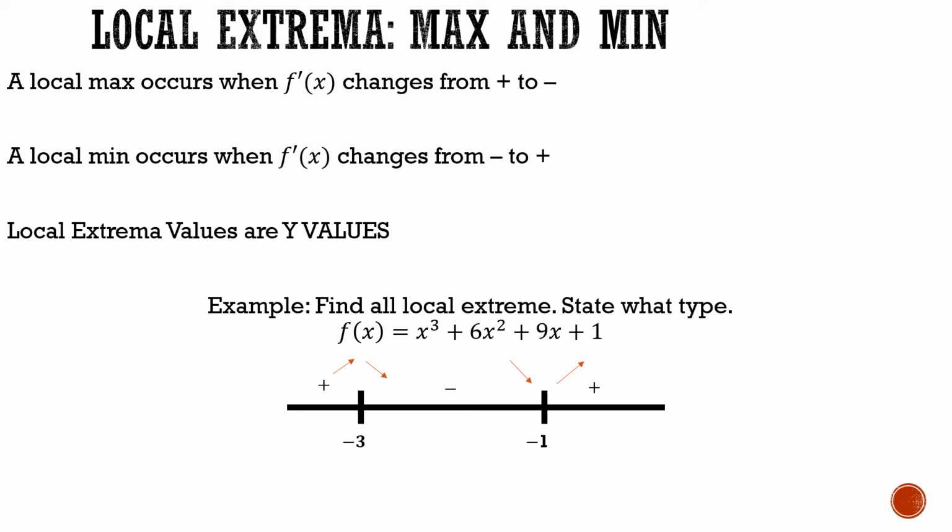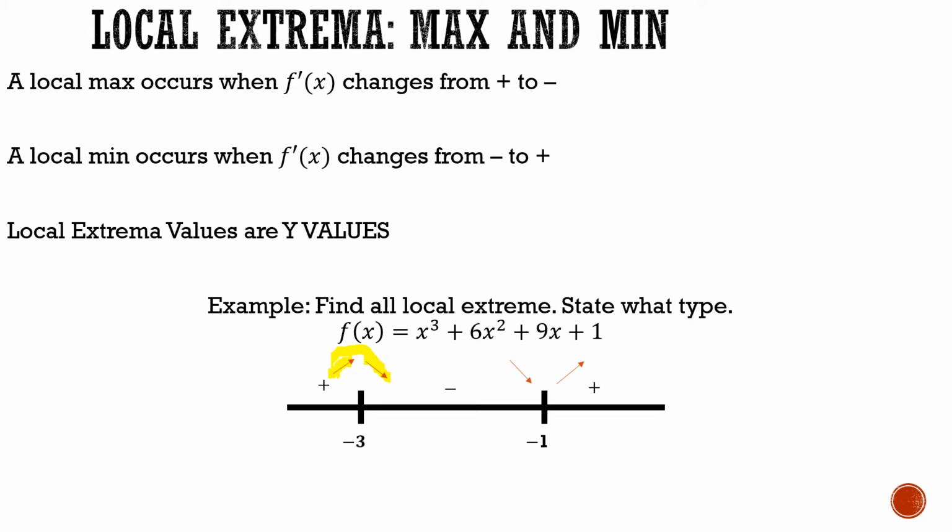Now, when I say it's positive, that means my function must have been increasing. And when I say it's negative, that means the function must have been decreasing. So around negative 3, I was increasing, and then I started decreasing. This looks like the top of a hill. Well, therefore, that's a max.